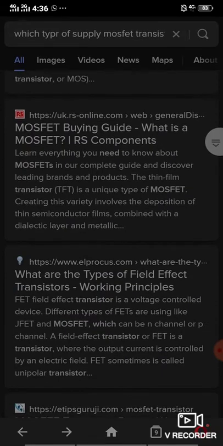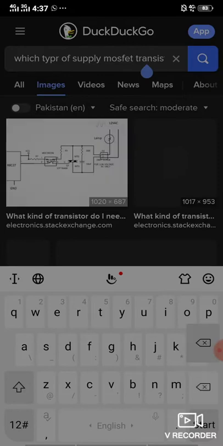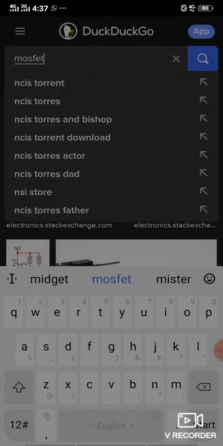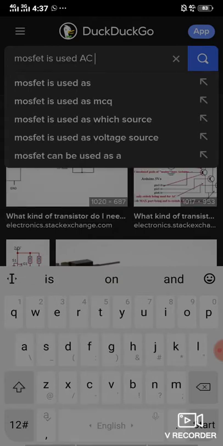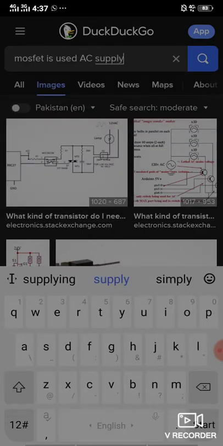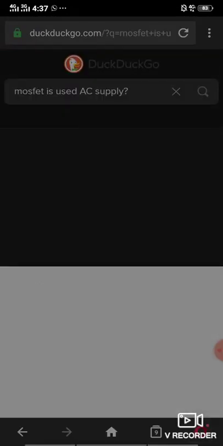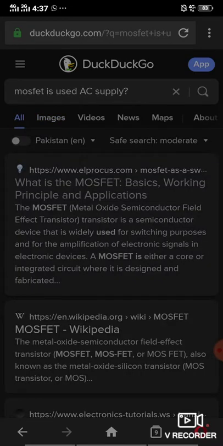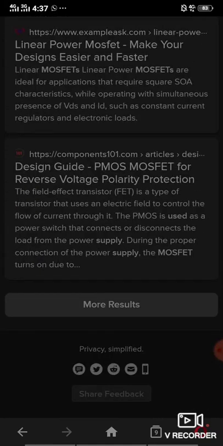So, here we discuss some MOSFET. Now, MOSFET is used in AC supply, so we scroll this.